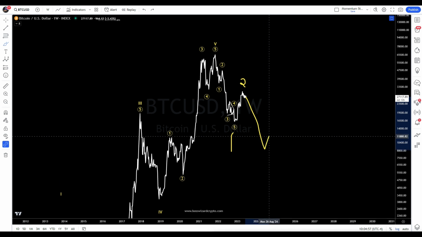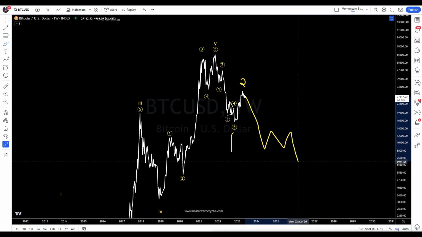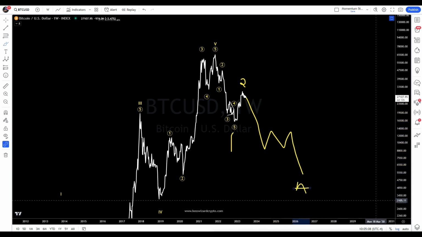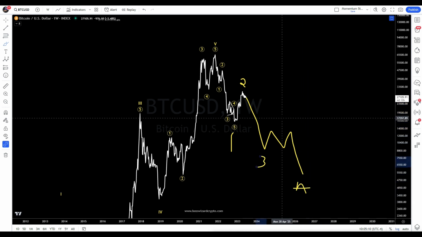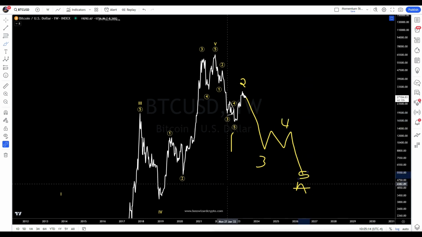You're going to get a 4, something like this, and then a 5 down to here. But that then is your A wave. I'm talking worst case scenario for the bulls, best case scenario for the bears.